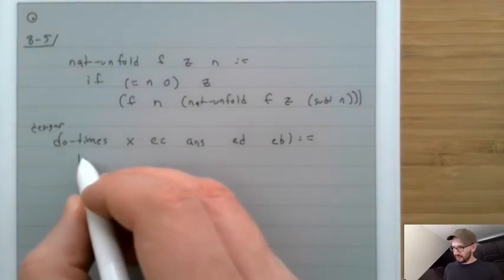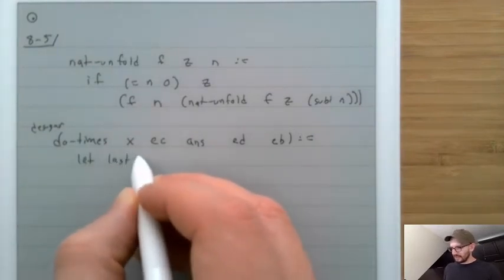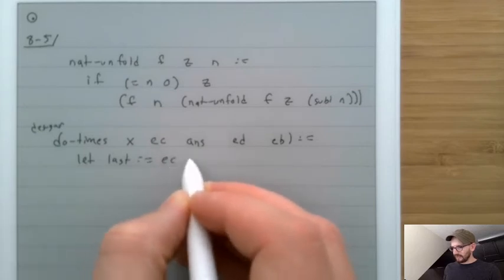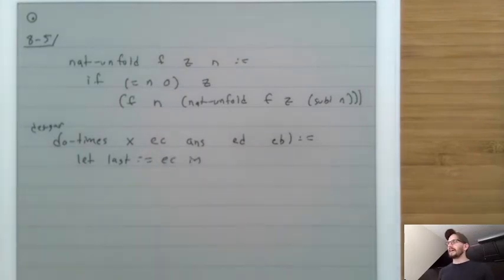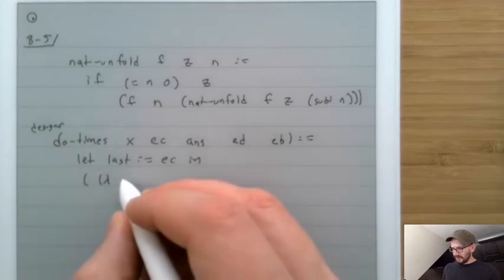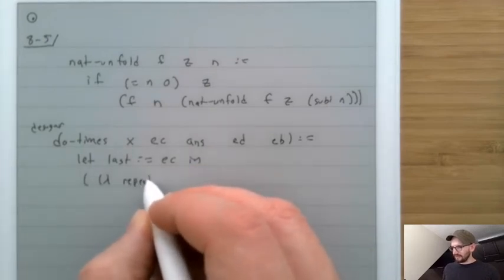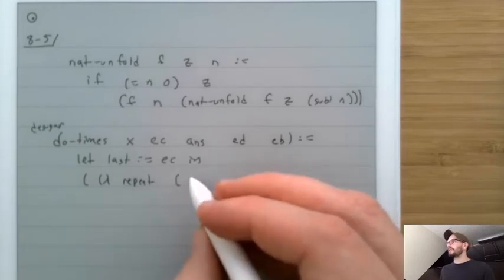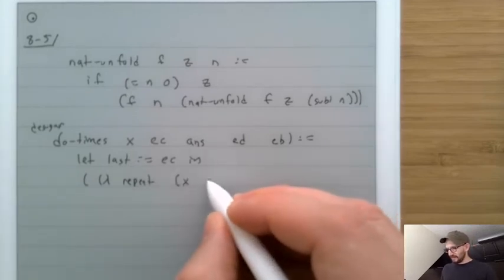It would turn into let last equal EC, so we'll compute when the last thing happens. Then we'll have a lambda called repeat that takes as one argument x, and another argument the answer.